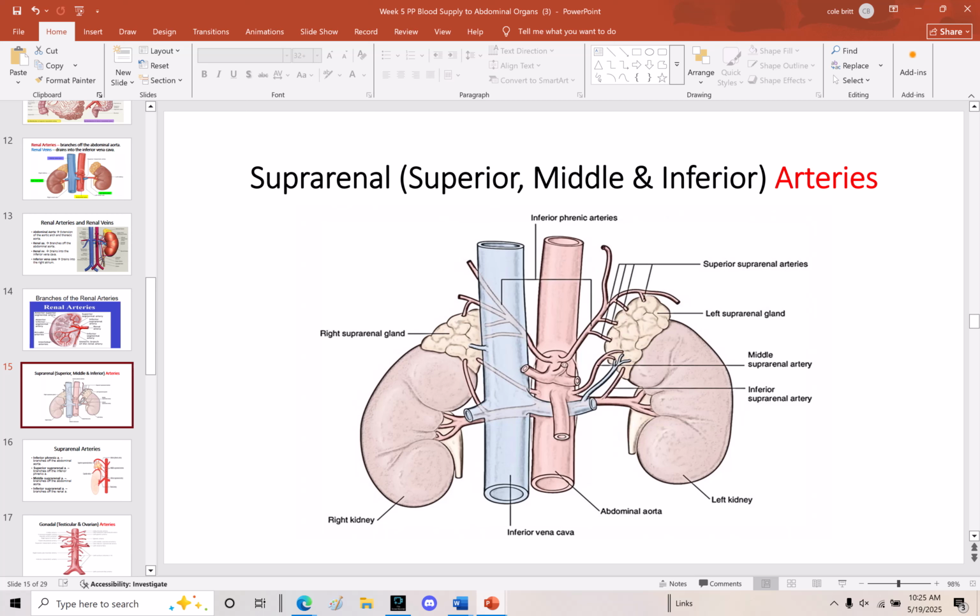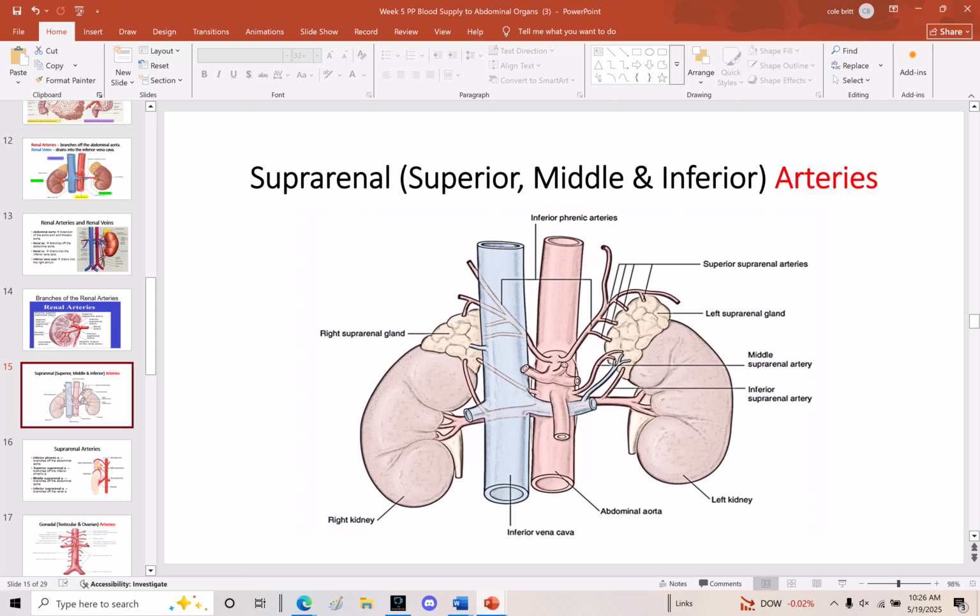Coming off the artery right up here, you have a little collection of arteries called the superior suprarenal arteries. And then over here, coming directly off the aorta, right above the renal arteries, you'll have the middle suprarenal artery. And then finally, coming off the renal artery, you have our inferior suprarenal artery. So you've got three arteries, but you only have one vein.